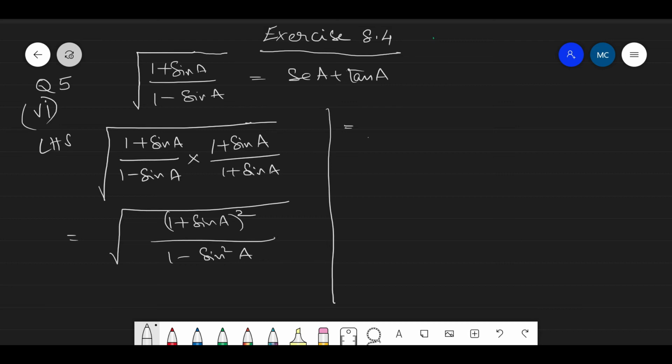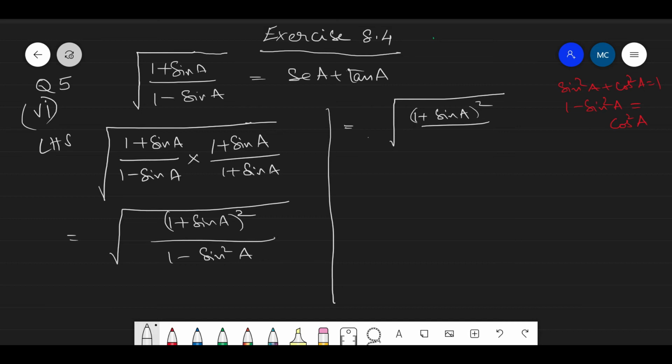When you simplify this, you are going to get 1 plus sin A whole square in the numerator, and in the denominator, you know the identity, sin square A plus cos square A is equal to 1. Using that, we get 1 minus sin square A is nothing but cos square A. We are using that identity, and we will be writing like this.